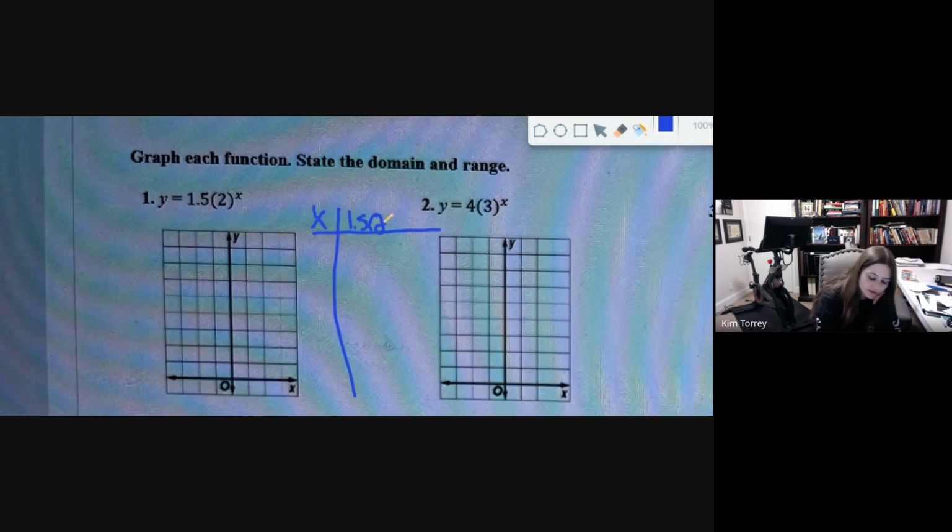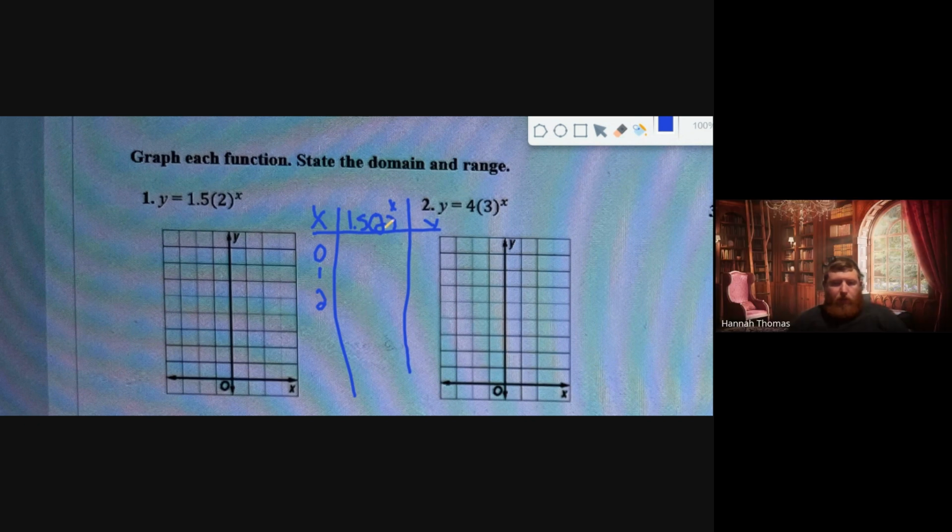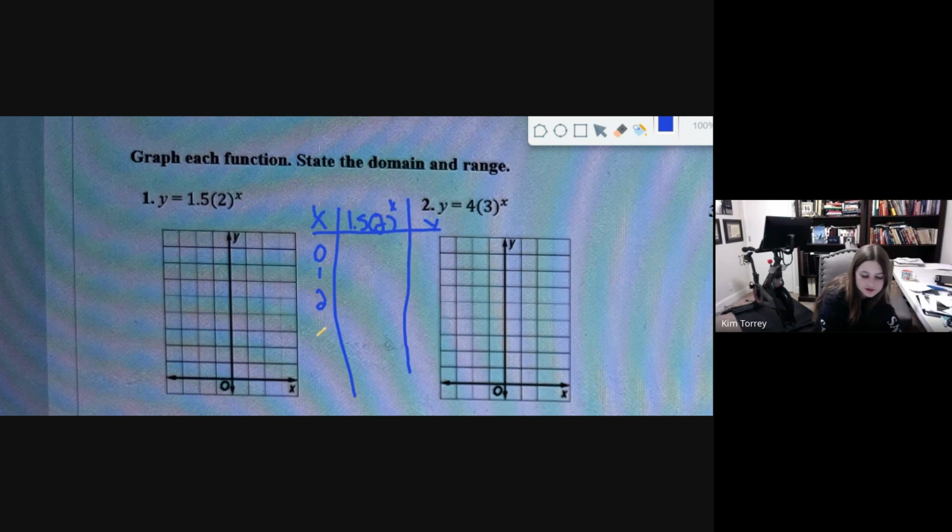So you could do 0, 1, 2, 3, and 4. Well, it doesn't matter if we do negative or not, but if you do negative, you just have to make sure you type it in your calculator right. So you could do negative 2, 1, 0, 1, and 2. So it would be negative 2 times 2 is negative 4.